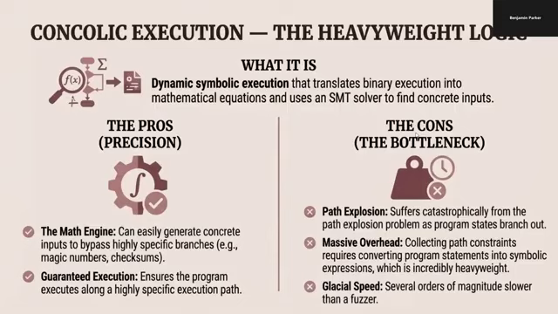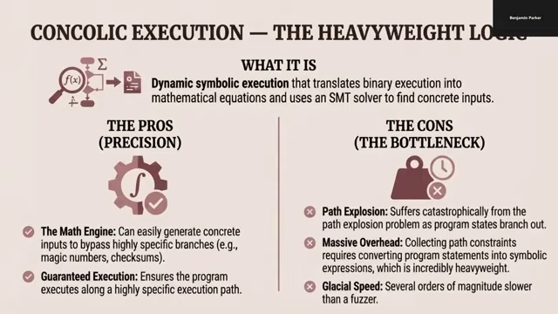That brings us to concolic execution. If the fuzzer is high-speed brute force, concolic execution is a heavyweight logical mathematical method, also known as dynamic symbolic execution. This is a tool we use to crack the specific branches that block the fuzzer.